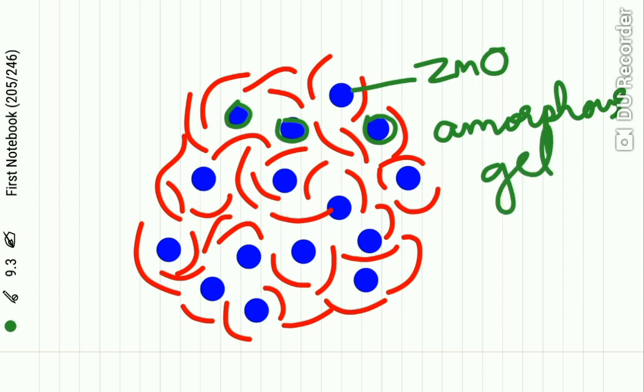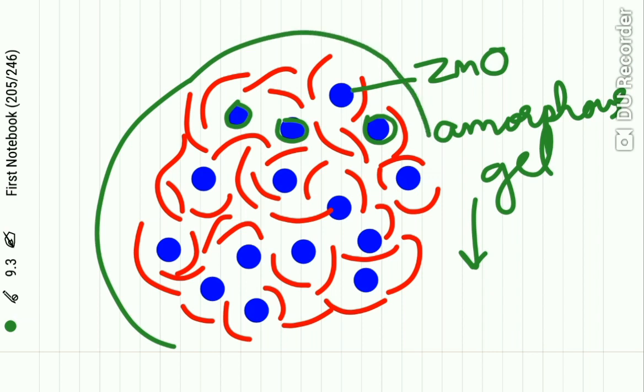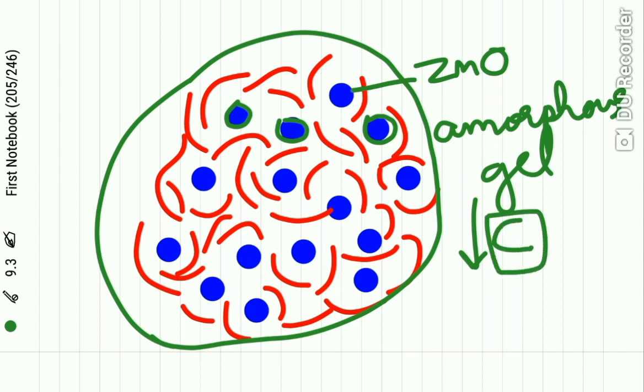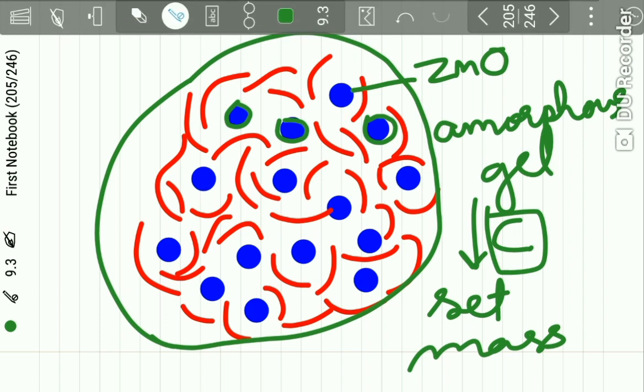Now, this amorphous gel, you can see here the red lines. This is the formation of the amorphous gel. This amorphous gel undergoes crystallization and forms a set mass, which is the final impression.